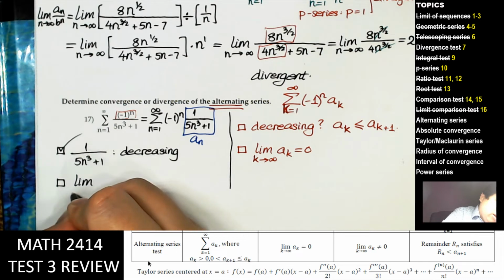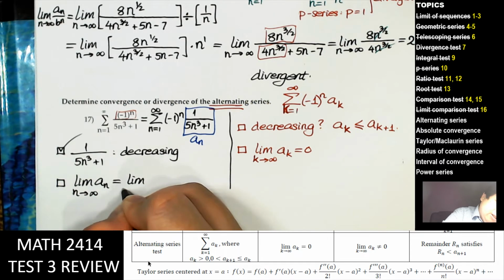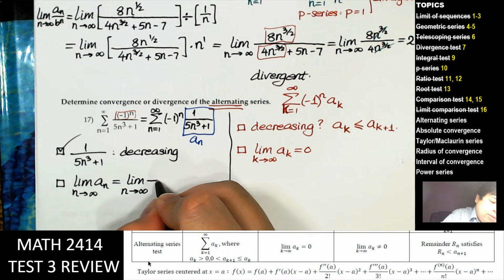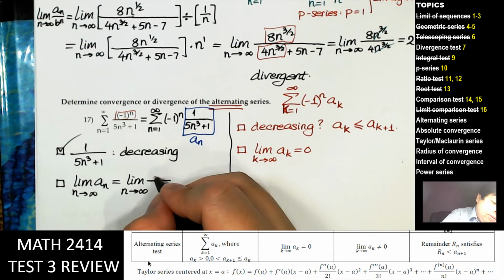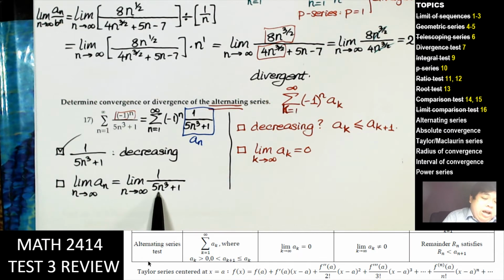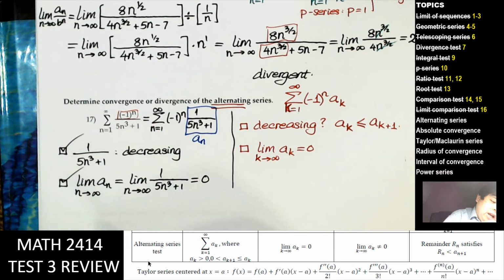Now we take the limit as n goes to infinity of a sub n. Because when n goes to infinity, the denominator goes to infinity, a finite number divided by infinity equals 0. So that one checks as well.